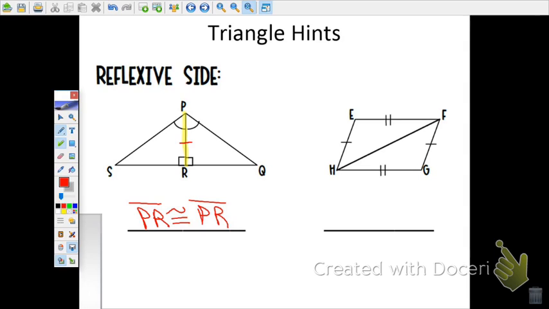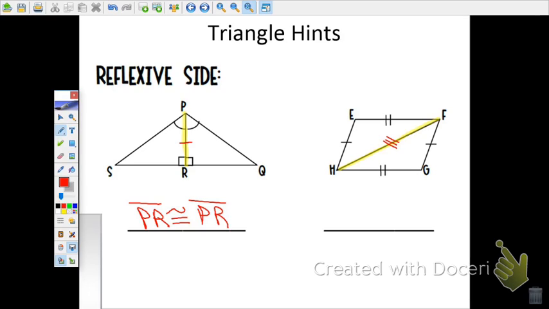In this next one, we have a quadrilateral, which that reflexive side then cuts into two triangles. Again, I'm going to use 3 tick marks. I can't use 1 or 2 because 1 and 2 have already been used.